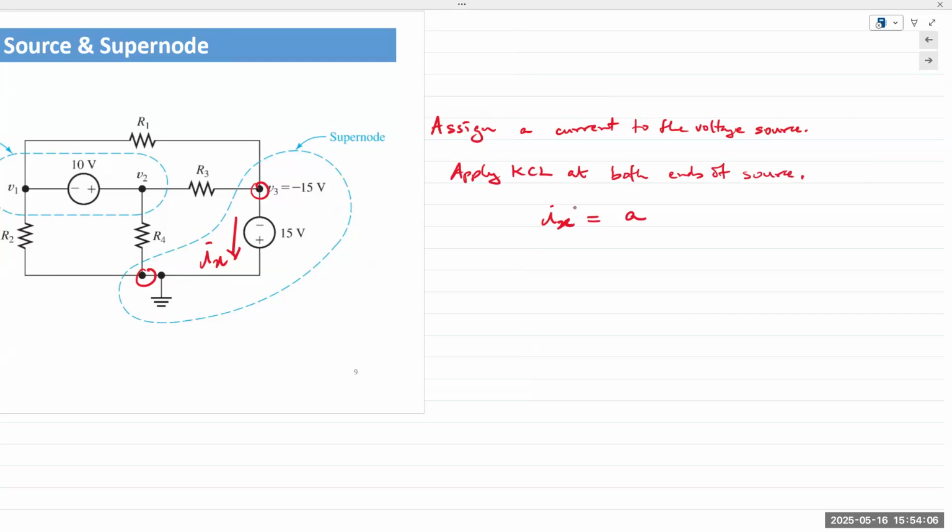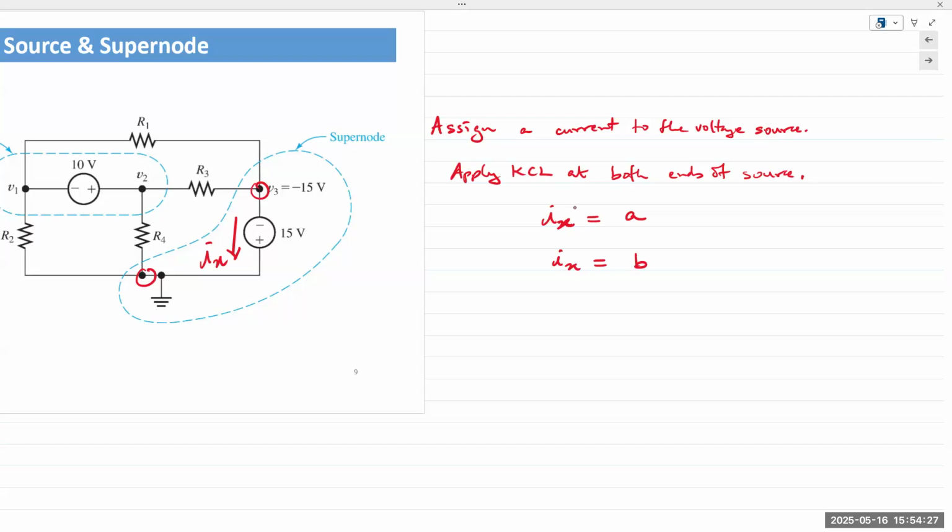At the other end of the source, you would expect Ix is equal to something. So you have two KCL equations at both ends of that voltage source.